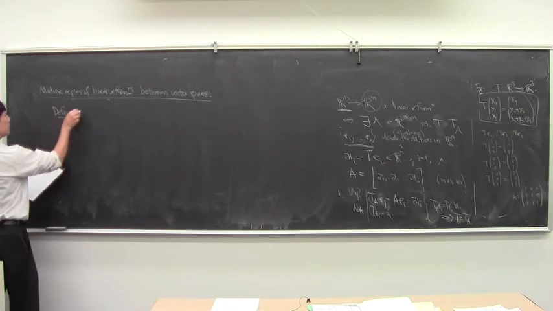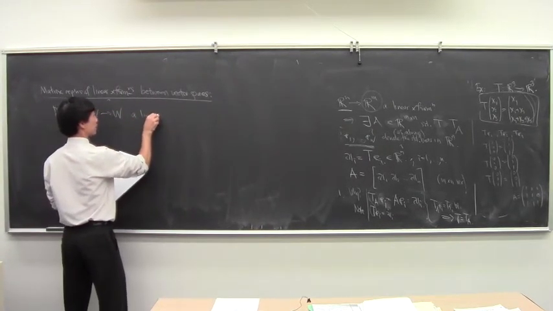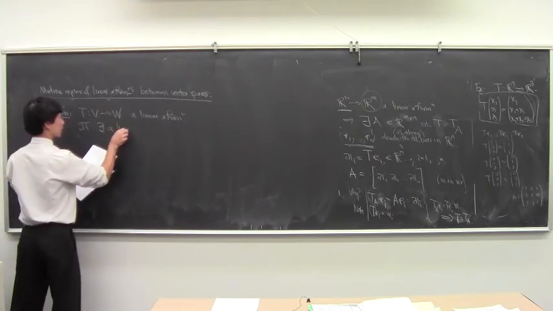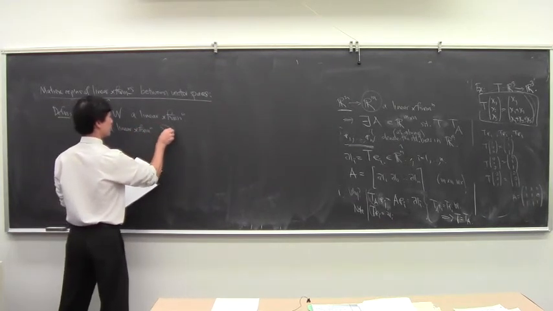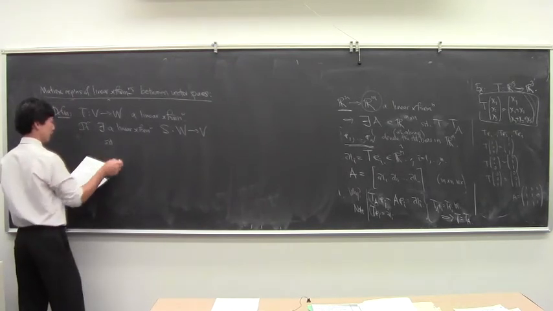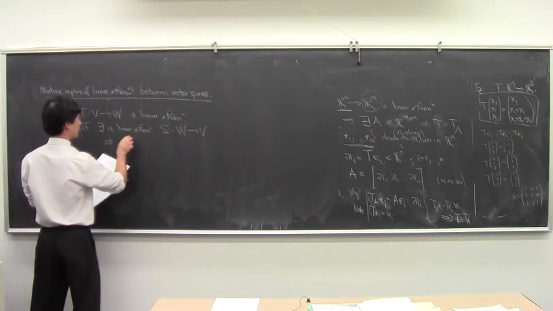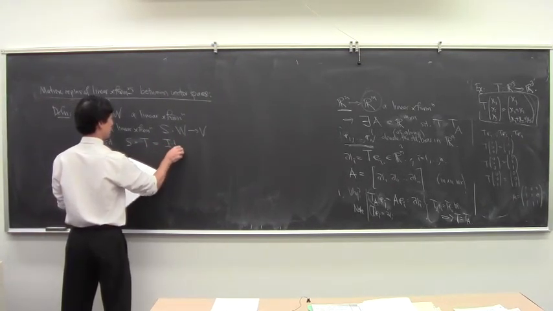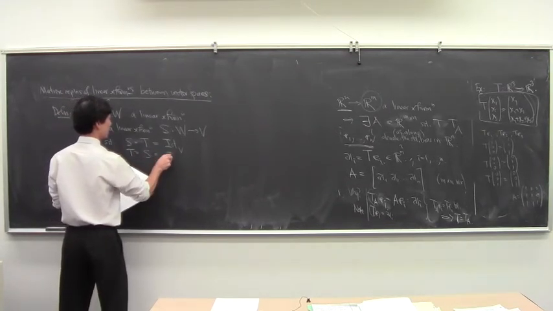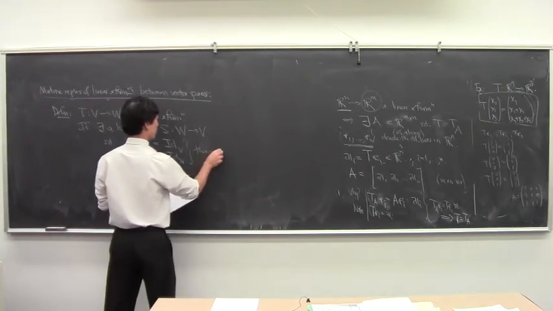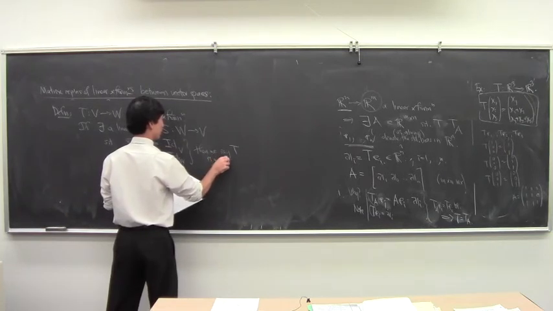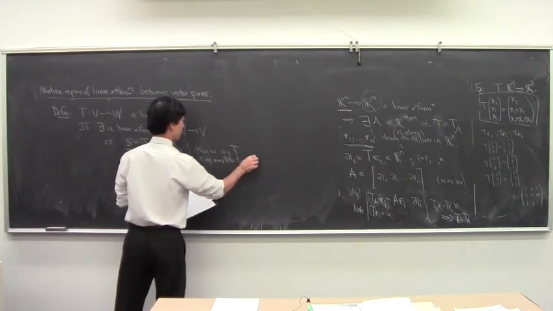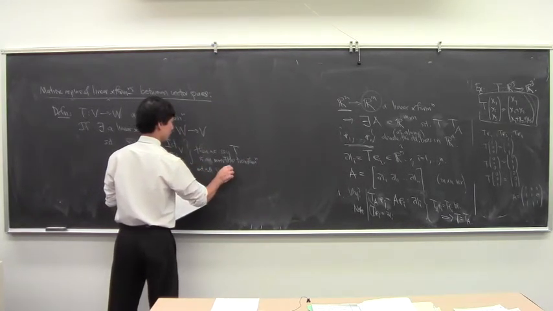Suppose you have some linear transformation T from V to W. If there exists another linear transformation S going in the opposite direction such that T followed by S is the identity on V, and S followed by T is the identity on W, then we say T is invertible, an invertible transformation, and call S T inverse.